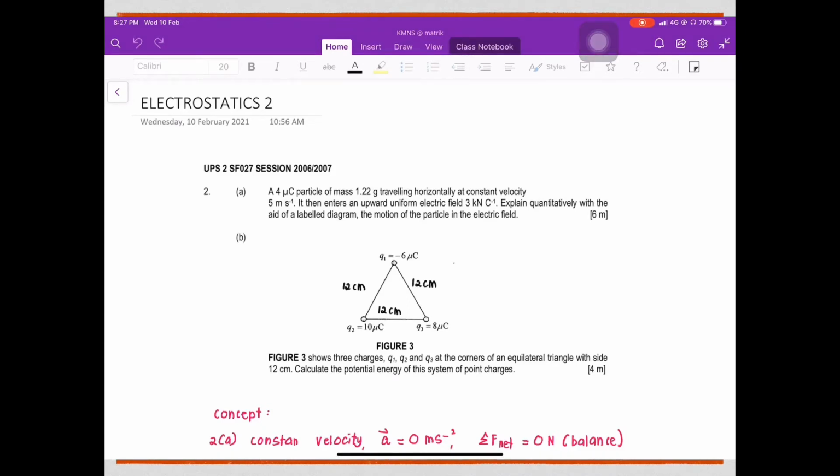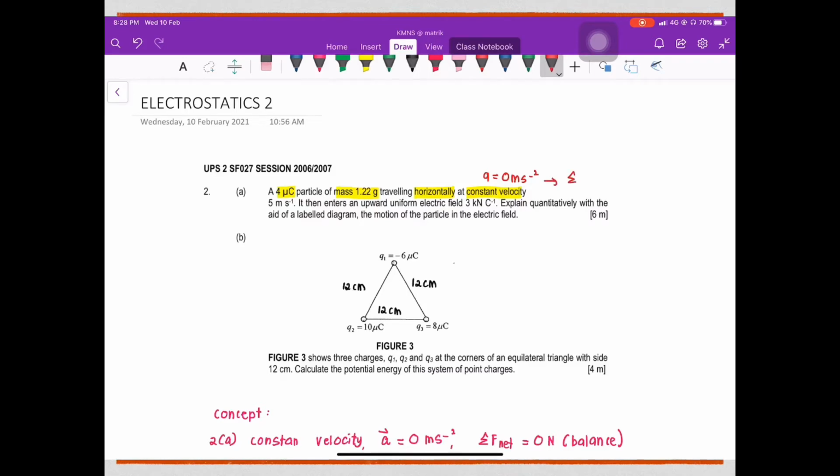Question number 2. A 4 microcoulomb particle with mass 1.22 gram is traveling horizontally at constant velocity. So the concept is acceleration equal to 0.